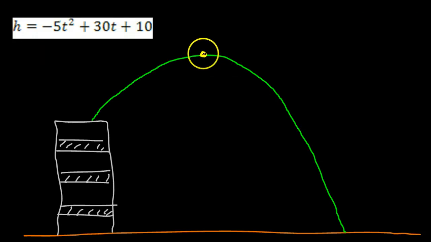This is the point of the maximum height, and I know that that is the vertex of my parabola. So this is supposed to be the building. Pardon my drawing like a 3-year-old. But yeah, this is a rocket launched from a building. This is the flight path. It's making a parabola. We need to find the vertex for this question.